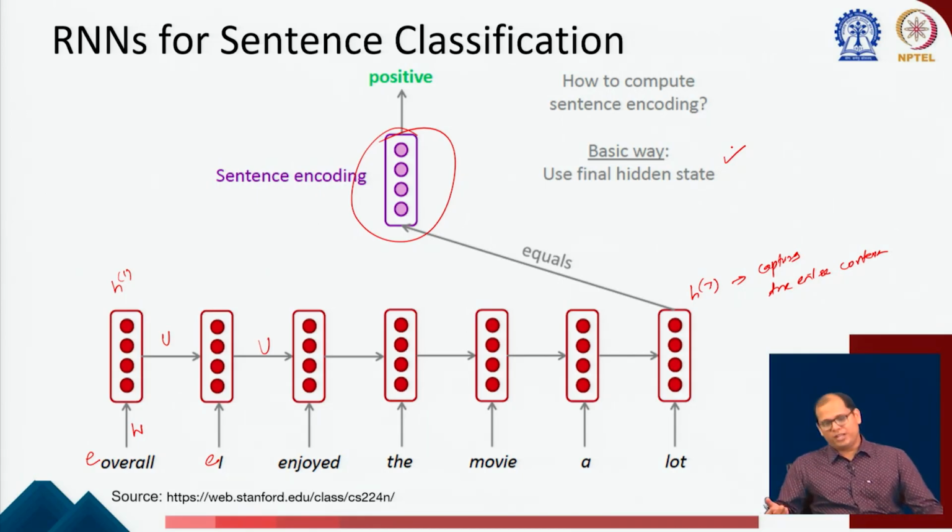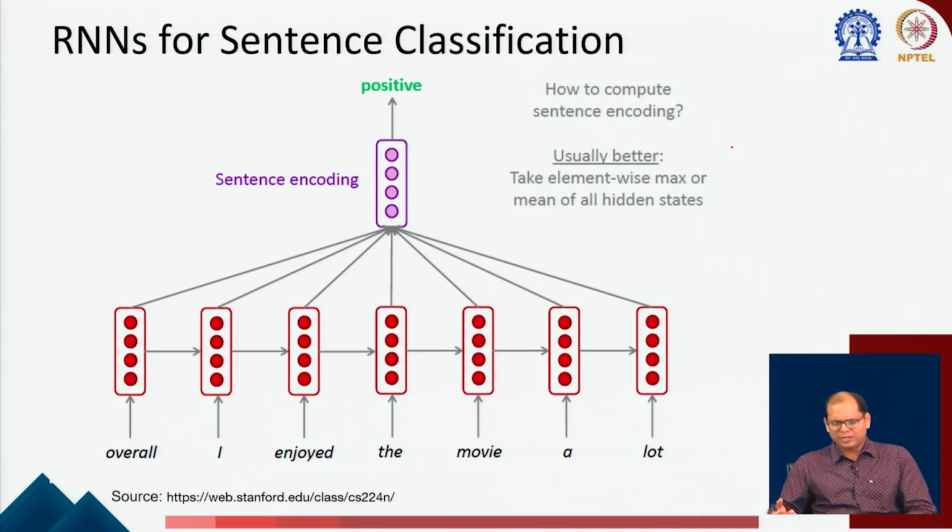There are other ways of doing that. Now see, as such H7 captures all the information, but it is still the same dimension where you have to keep on adding more and more information. Because you have access to all the hidden states anyway, why don't I use all the information? So typically what you can do is take all the hidden states and take the element-wise max.